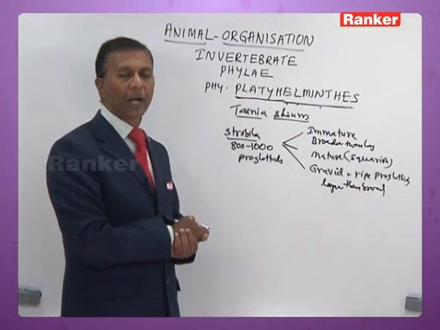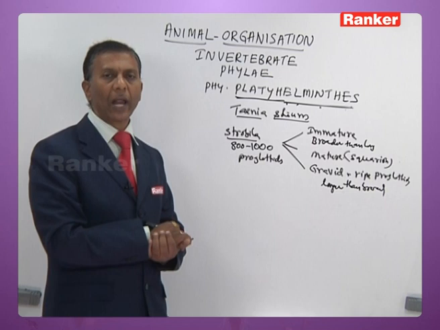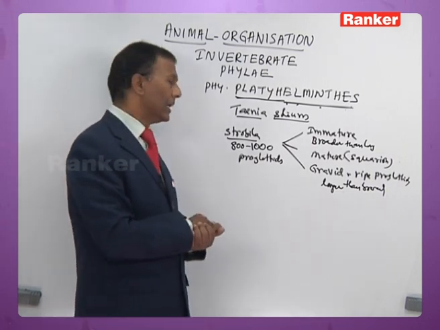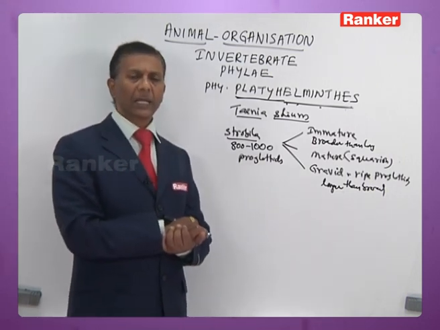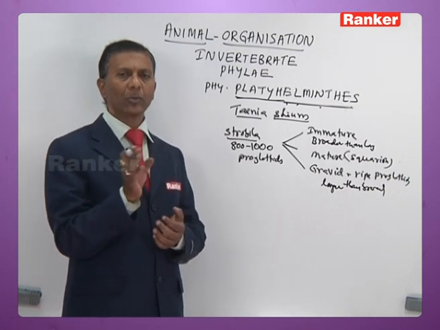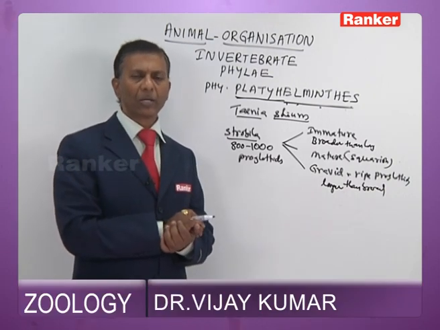About the first 200 proglottids are immature. Then the mature proglottids, say 300 to about 650th, are mature.